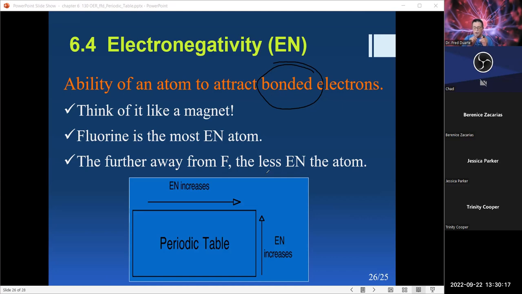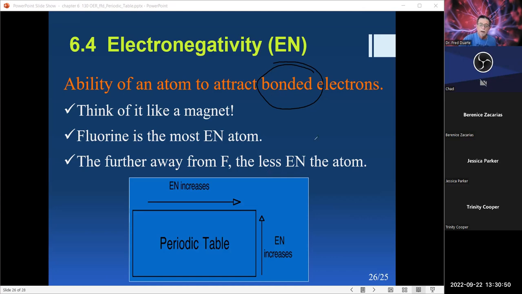It's going to make either one bond, two bonds, or three bonds. More on that later on. But that sharing may be equal or unequal, which then affects the properties of that bond, which then affects the properties of that molecule, okay? Think of it as a magnet, if you will, where one element has a lot more magnetic force and is pulling the electrons, which are negatively charged, onto itself.